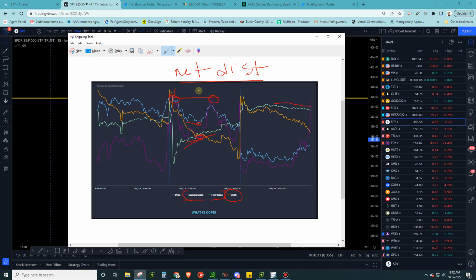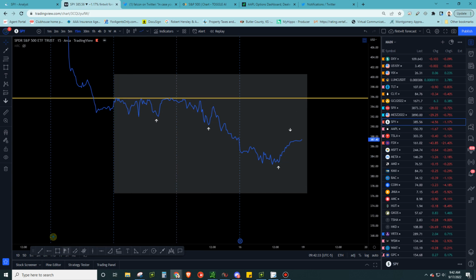So here's a double top on gamma, and what happened after that? Down. But then you had the bullish divergence on gamma, moved it up. The intraday trend was up for the most part, but the overall trend is down. So I would prefer to play this move here because this move was a lot more profitable, right?